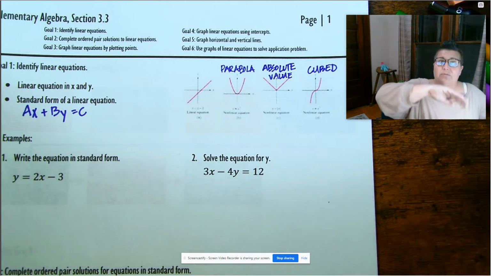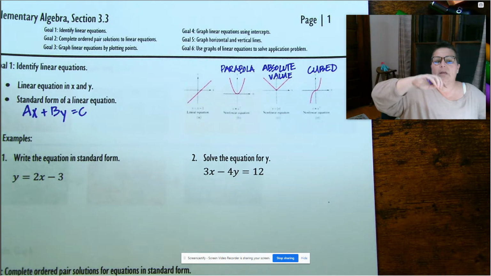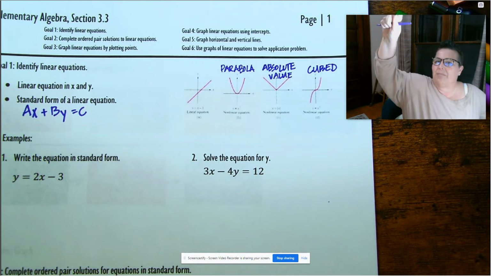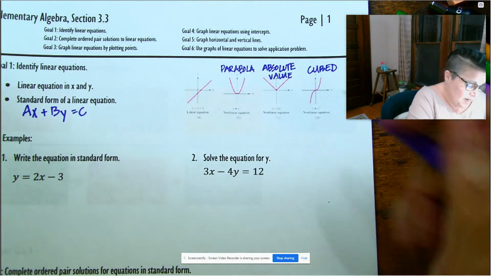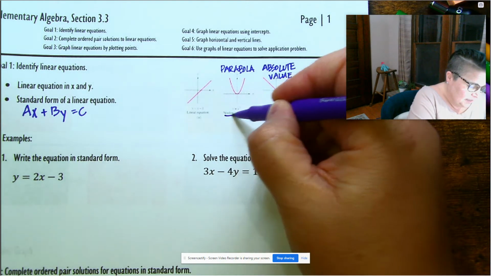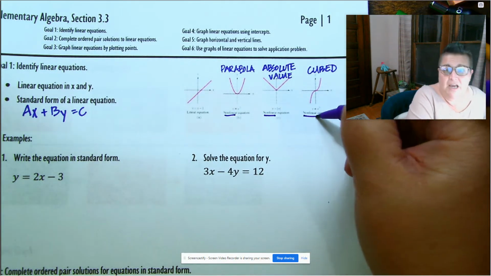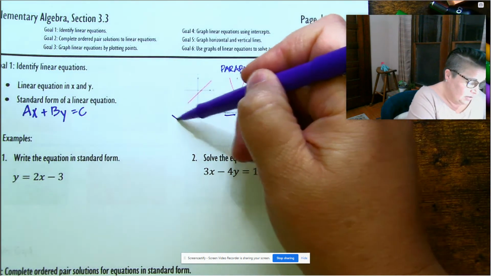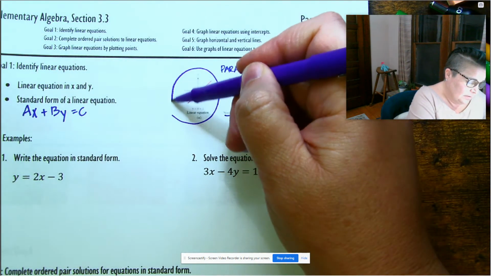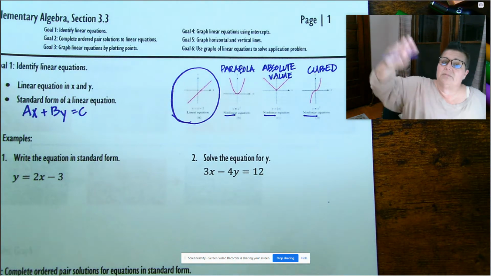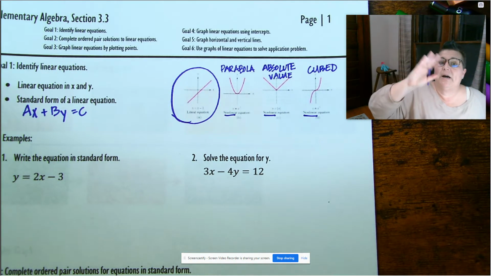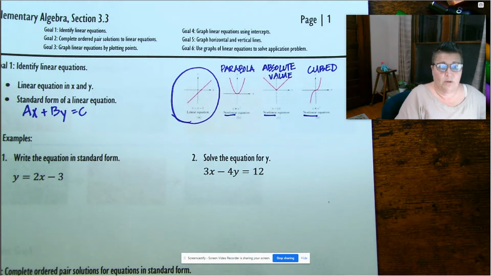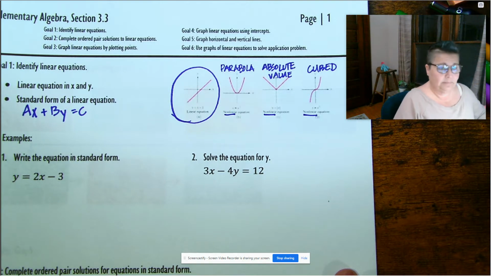Cubics have sort of this plateau in the middle and some of them go down and then back up again. Okay. I know that these 3 are not linear. Non-linear, non-linear, non-linear. The only linear equation here is this one. They go in one direction. Sometimes they climb, sometimes they fall, sometimes they're flat. But linear equations only have one direction, right?